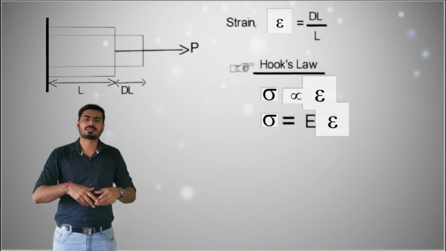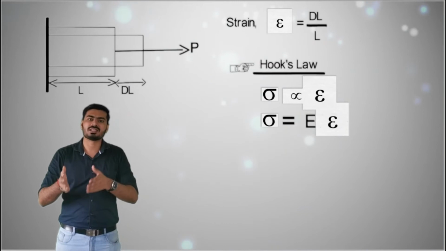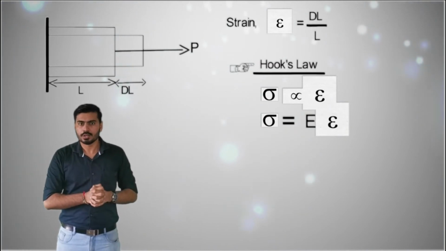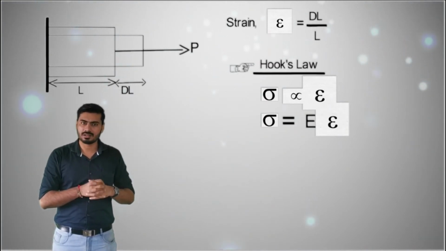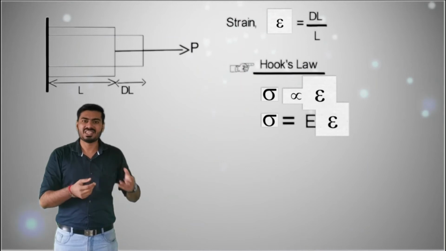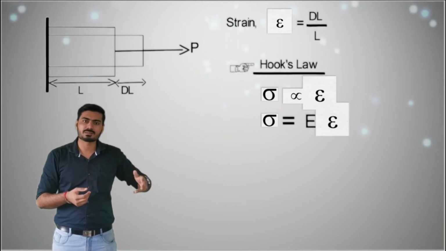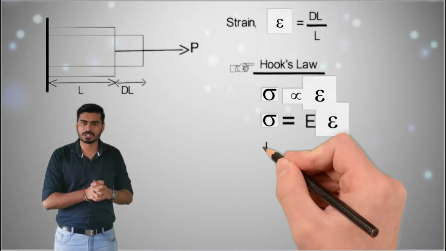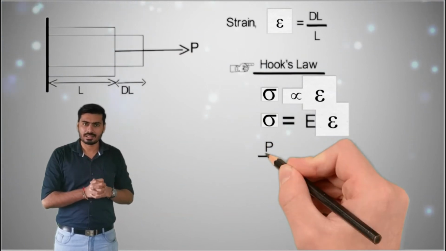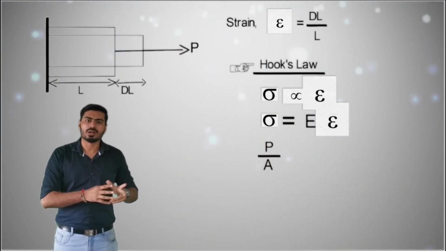Now we will insert individual equations of sigma and epsilon. Sigma can be written as P by A, which was already explained in the previous portion of this video. So P by A equals E into epsilon.